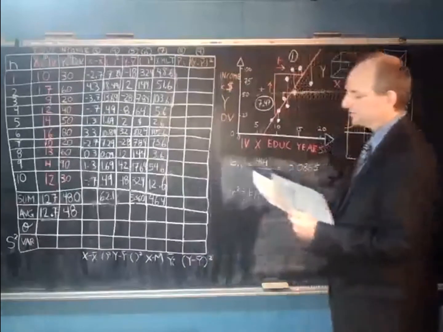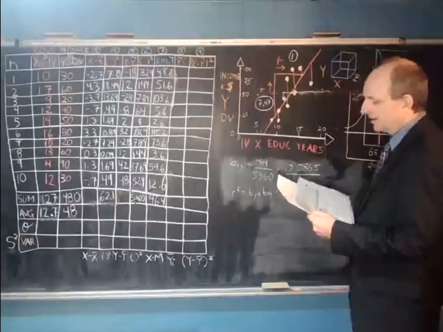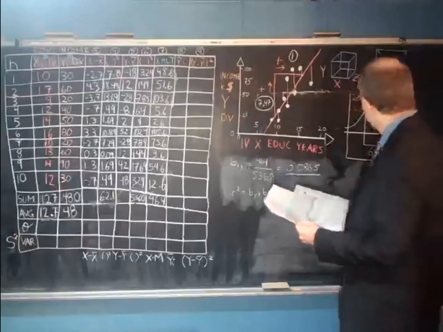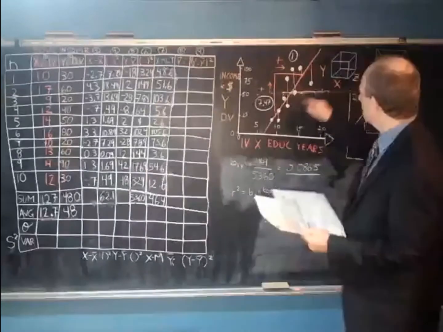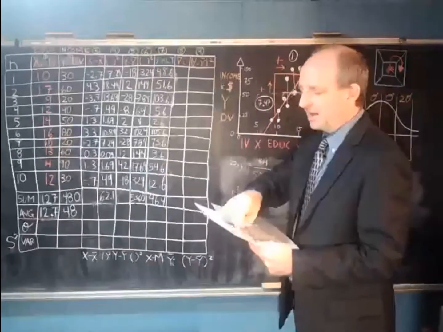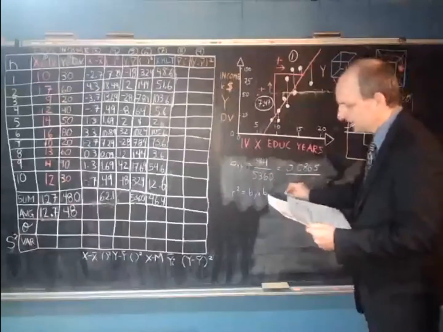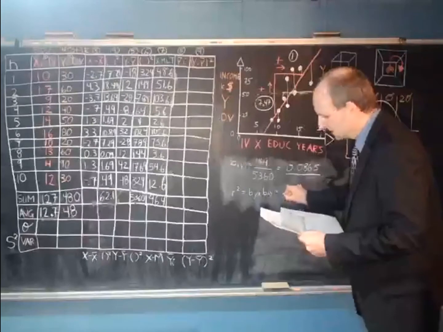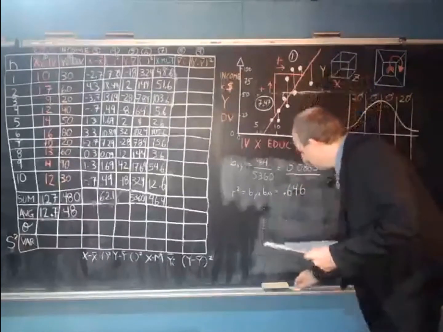This is going to be serial 17, which is what we calculated right here, times serial 13. Now, serial 13, if you recall, is 7.47. It was the slope that we calculated here for the linear regression. And that's 7.47 times 0.0865, which is going to give us 0.646. What on earth is this number?